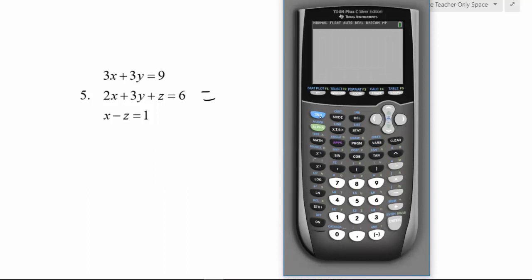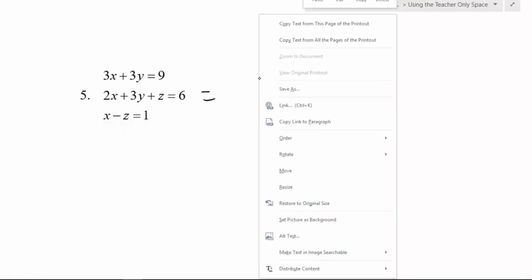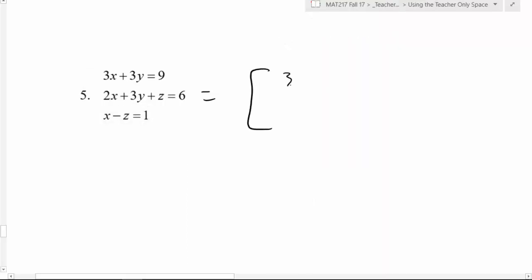You'll notice I have actually already typed it into my calculator in matrix A. So I'm going to go ahead and just cheat. Go to reduced row echelon form of matrix A, and you'll see I have already typed in the matrix. I set it up as 3 by 3.